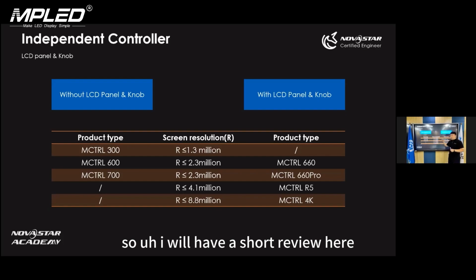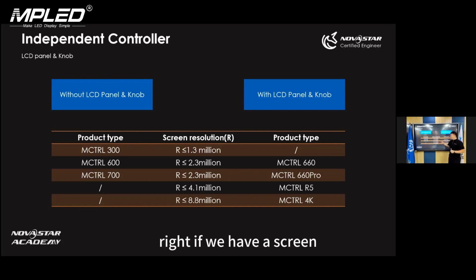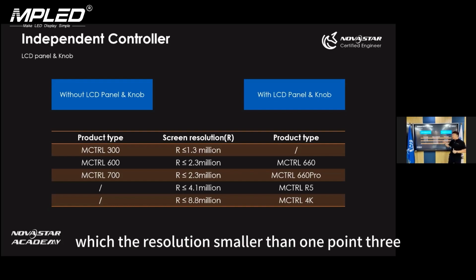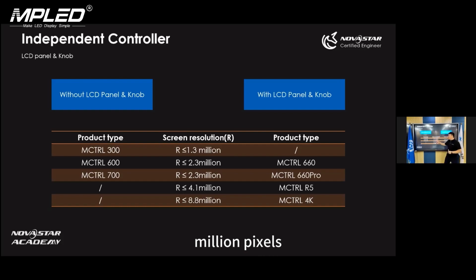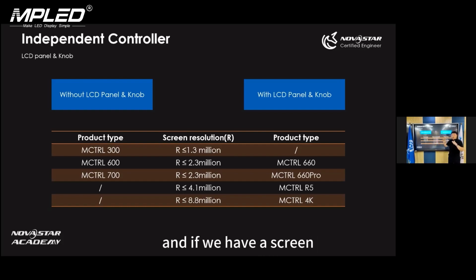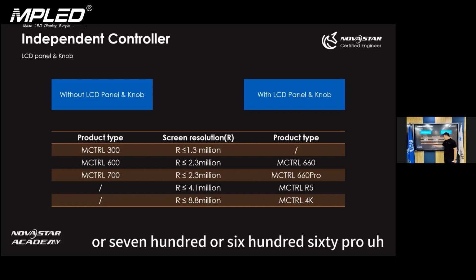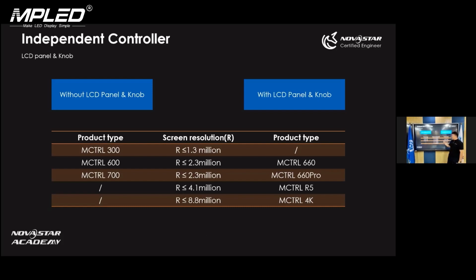So I will have a short review here. With different resolutions, we have different products to use, right? If we have a screen whose resolution is smaller than 1.3 megapixels, we can just use the M Control 300. That's enough. And if we have a screen whose resolution is within Full HD, we can choose 600, 660, or 700, or 660 Pro.